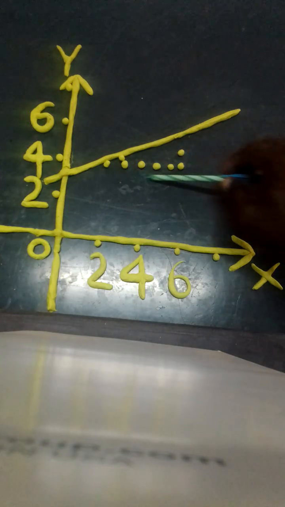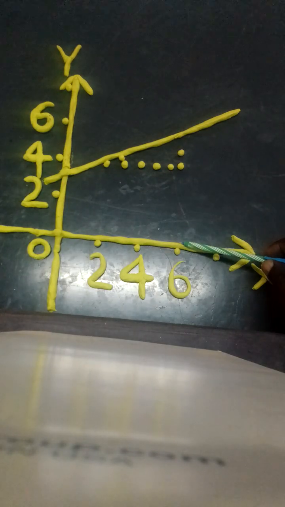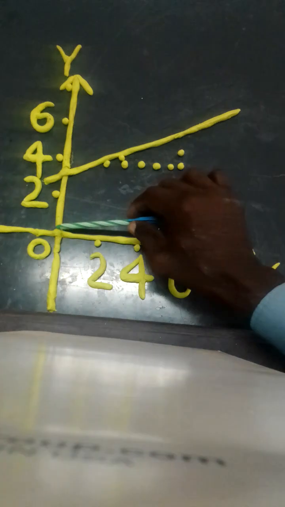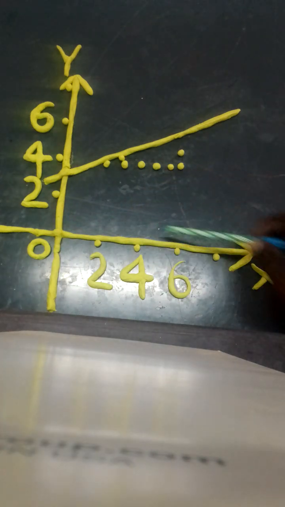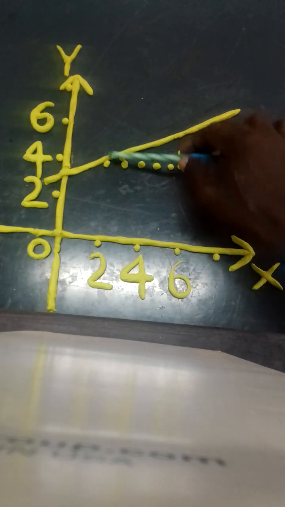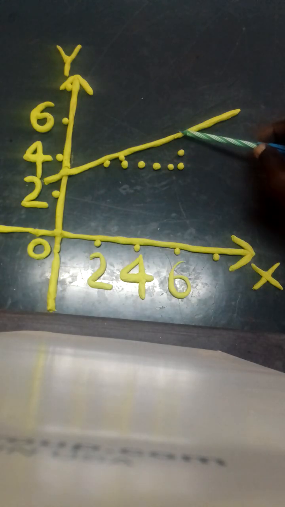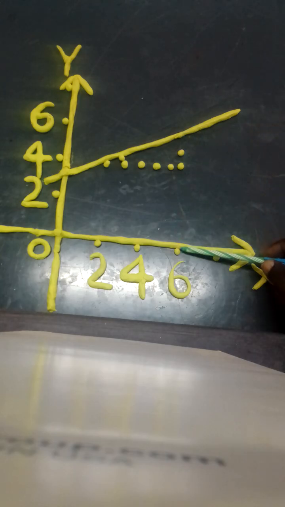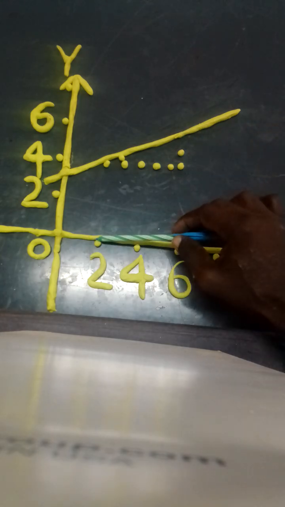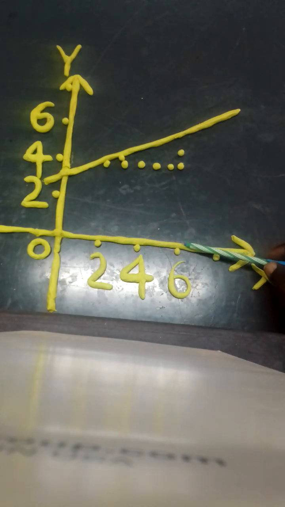So in the horizontal direction, we have the value of x here, which is 6. From 0, this one is 6, and from 0, this one is 2. So at this point, x is 2, and at this point, x is 6. So x1 is 2 and x2 is 6.